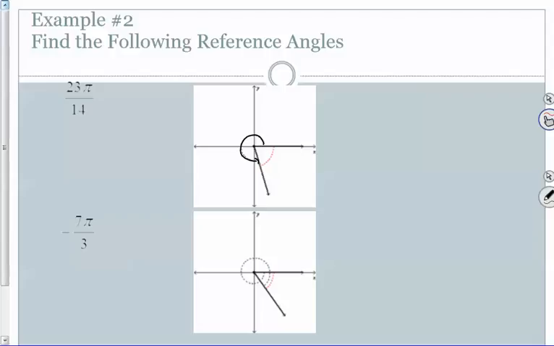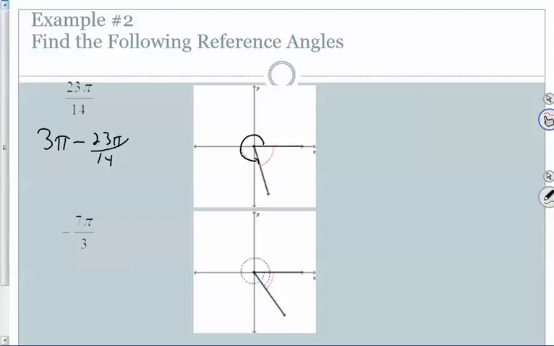If you think about it, 2 pi is 28 pi over 14. So this is in the fourth quadrant, and it's almost 3 pi. So I'm going to take 3 pi minus 23 pi over 14.